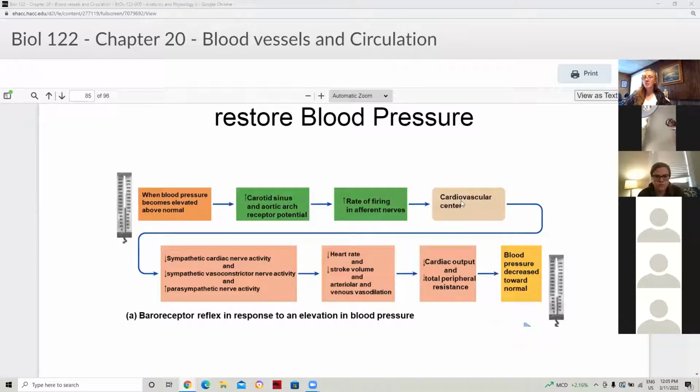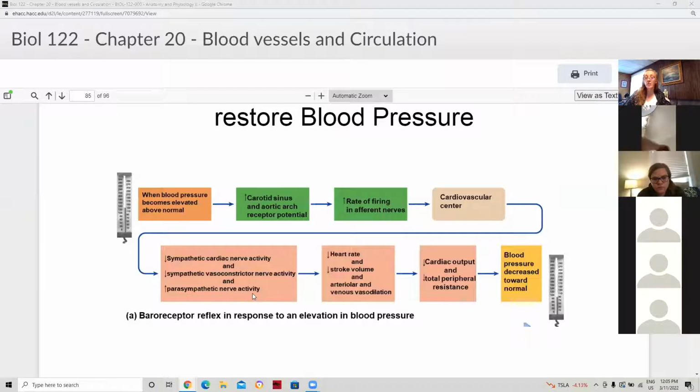The medulla oblongata, as a result, decreases sympathetic nervous system activity, decreases sympathetic vasoconstriction, and increases parasympathetic nerve activity to slow down the heart.